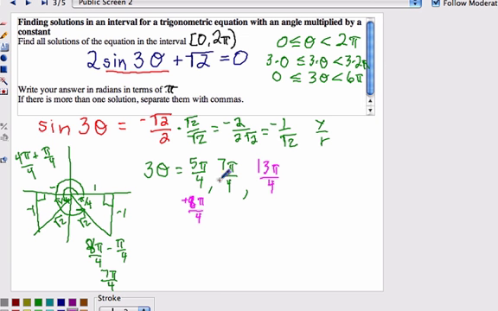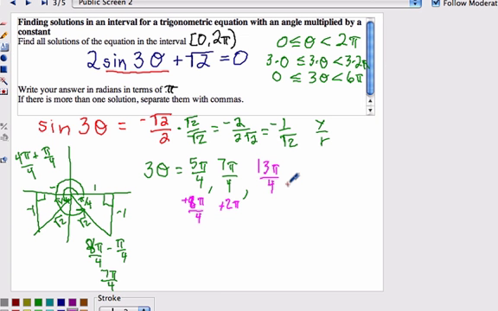Now we can do the same thing for this 7 pi over 4, because if we went all the way around my unit circle, plus all the way back to this reference angle again, that would be 2 pi plus 7 pi over 4. So again, I'm thinking of that as 8 pi over 4 instead of 2 pi, so I can have a common denominator.